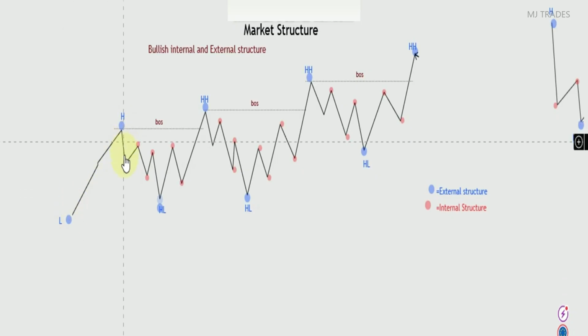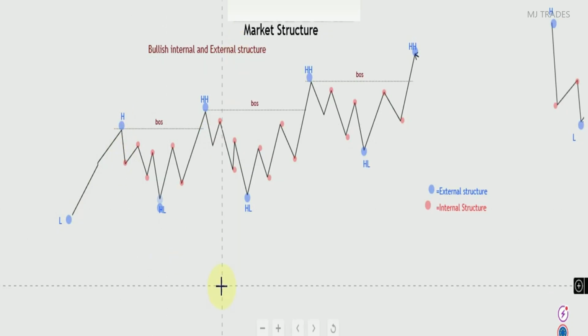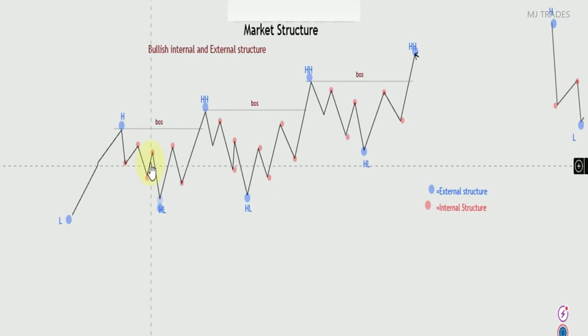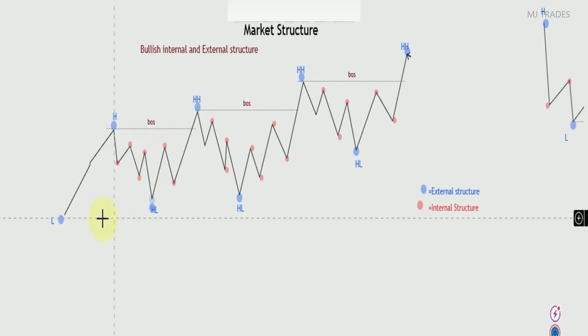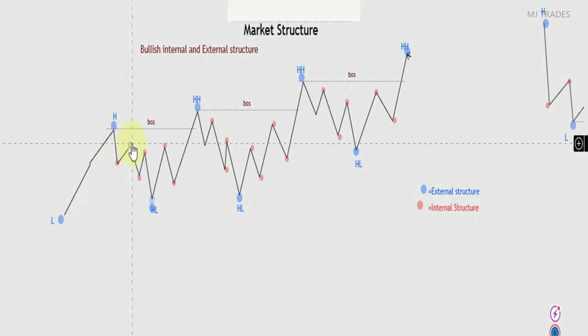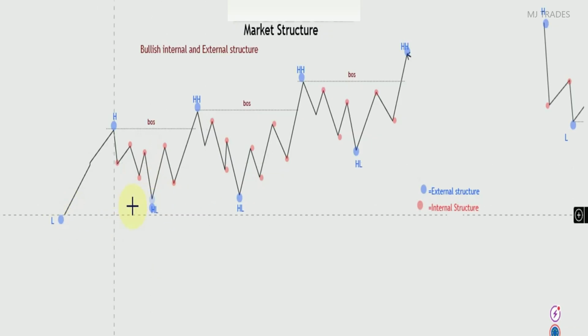It wants to make a pullback. It's not just going to come in one straight line and then go again, like the way we saw in the last chart. It's going to make a series of little higher highs and higher lows. And remember, the market pulling back, creating internal higher highs and higher lows, does not mean that the market is now bearish.